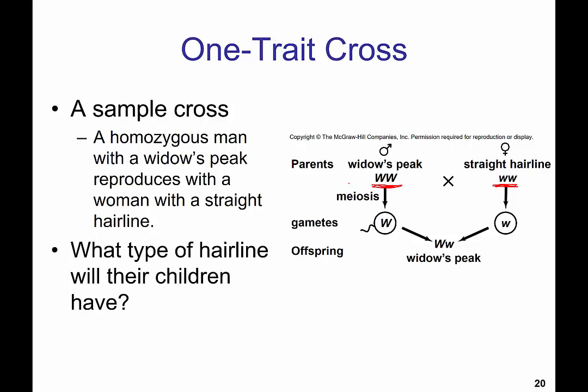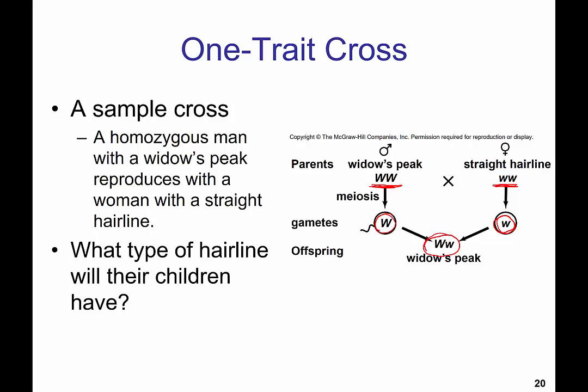Looking at the man here, no matter how the gametes are formed, he can only give the dominant allele seen here. Likewise, for the woman, no matter how gametes are formed in this case, she can only pass on the recessive allele seen here. Whenever that egg is fertilized by the sperm, then the resulting zygote is going to have the diploid number restored and have two alleles for that trait.